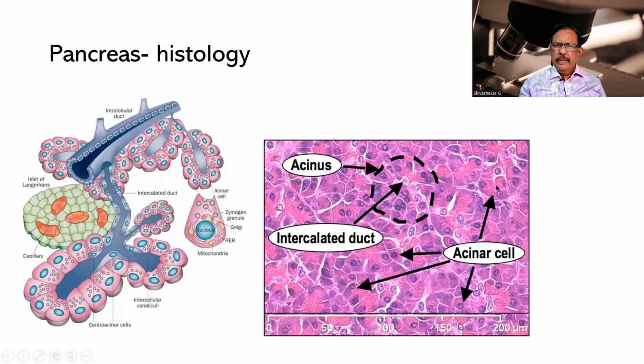Look at this over here. There is a granular picture over here. Those are the zymogen granules. The entire thing, see an imaginary line. It is an acinus, and then there is an intercalated duct. So look at this. So the intercalated duct is over here, leading to the interlobular duct, and then the main duct.